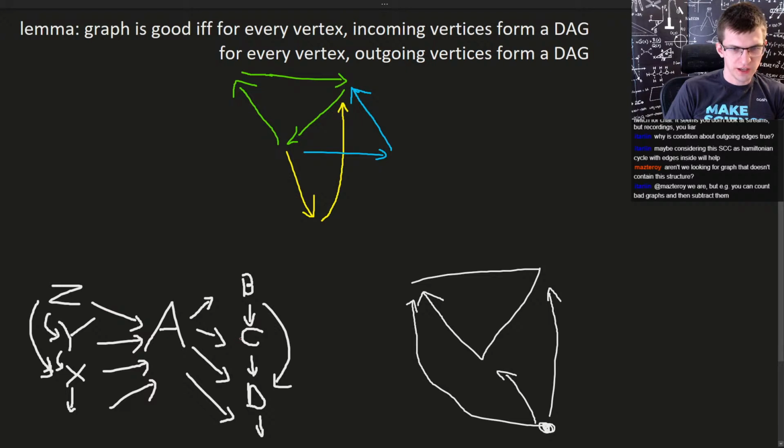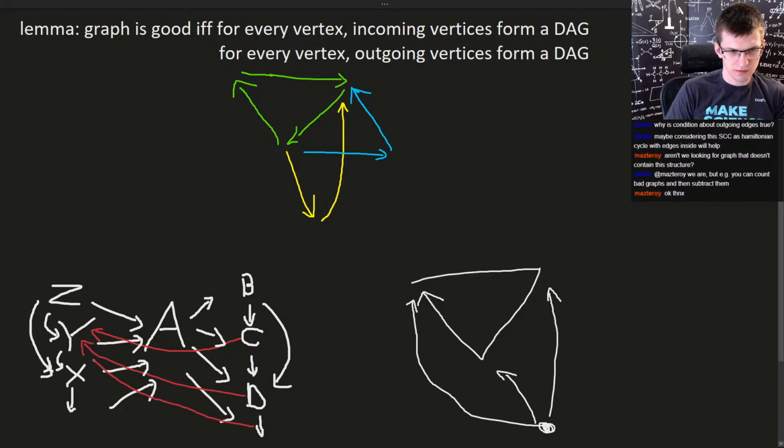So if there is any edge coming, let's say, from C to Y, it implies also edges from everything below C. But maybe it will imply even more. What about an edge from C to Z?